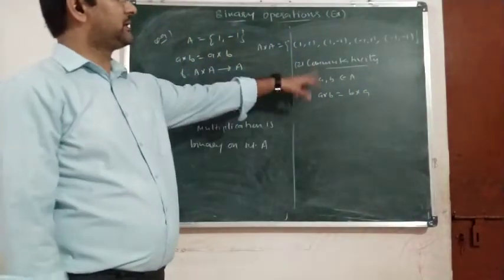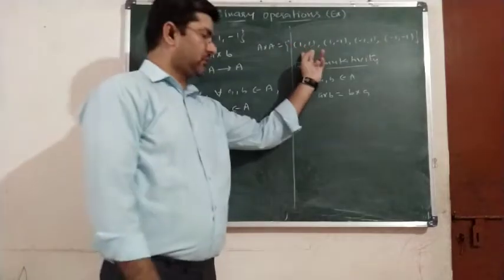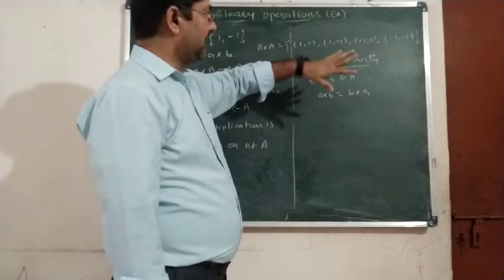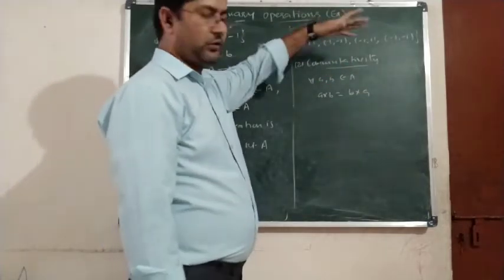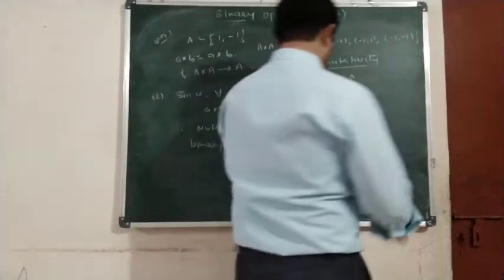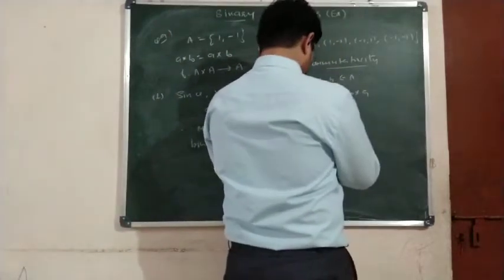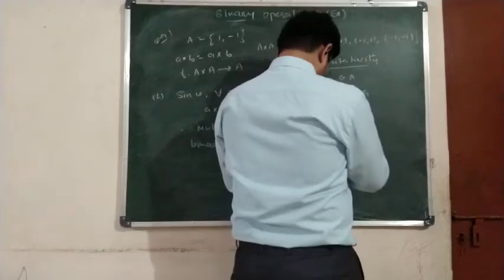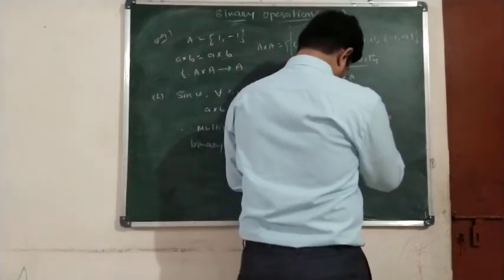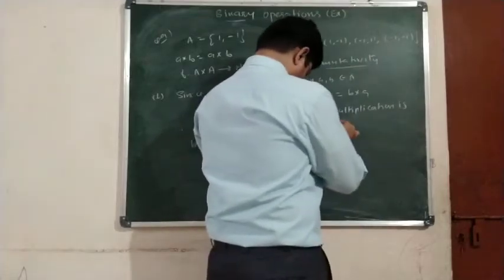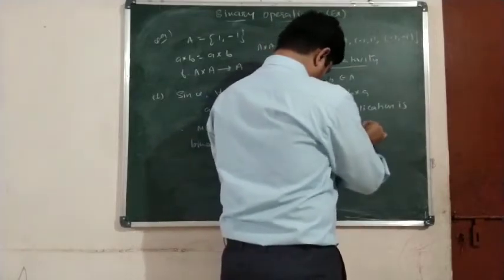You can check all the four pairs, 1 multiplied by 1, and on reversing you will get the same answer only. Here also on reversing you will get -1 only, so it is very easy to understand. Okay, and therefore asterisk or multiplication is commutative.